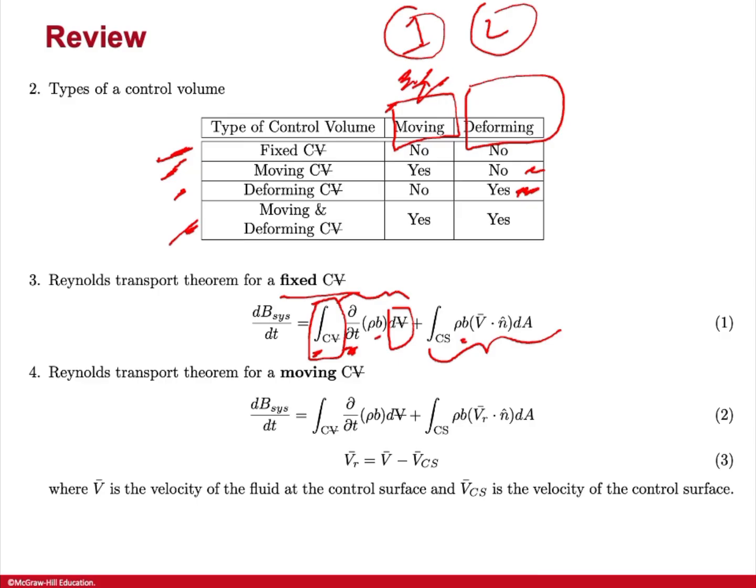Okay, so next up was, if you have a moving control volume, what do you do? Since it's moving, we talked about how the velocity locally of the fluid, now that your control volume or control surface is moving, what you will be dealing with is relative velocity, right? Like the expression of a head-on wind versus a tailwind.